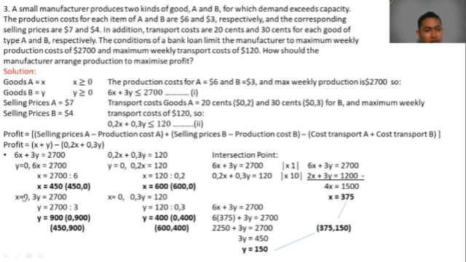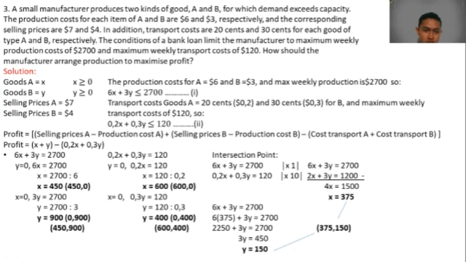And then you put x as 0, so we can get 3x equals to 2700, and then y equals to 2700 divided by 3, and y equals to 900.